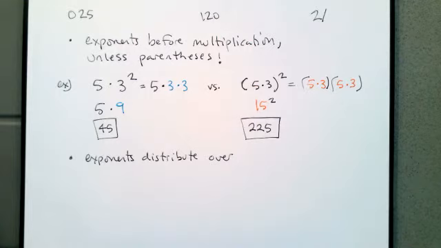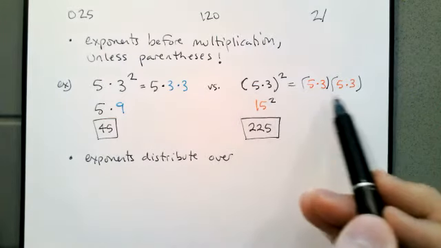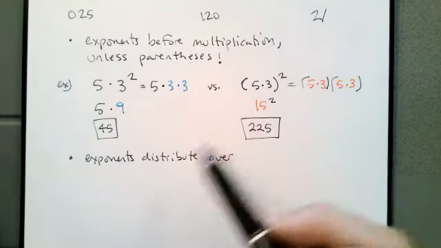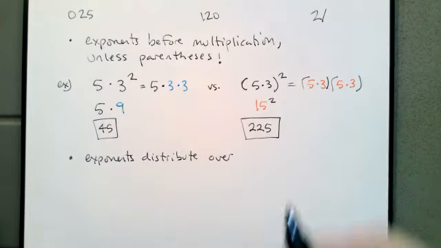What operation will exponents distribute over? Addition? Not quite. Multiplication distributes over addition, and multiplication is repeated addition. Exponents is repeated multiplication, so what should exponents distribute over? There's a hint to it right up here in this example. Exponents distribute over multiplication.